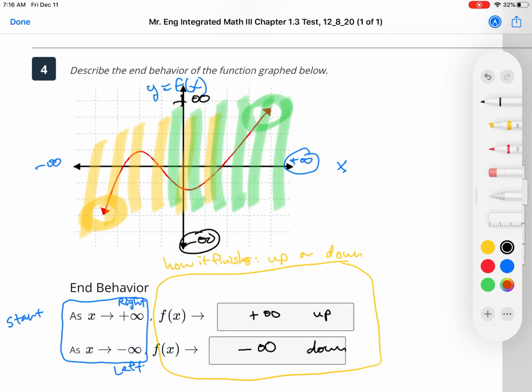As a note, you'll note that this is an odd degree polynomial, because it's the easiest one, x to the first power, and they're in opposite directions, so then you have opposite signs. One's positive, one's negative. If you had an even, they would both be positive. Does that make sense? Okay, hopefully that was helpful.